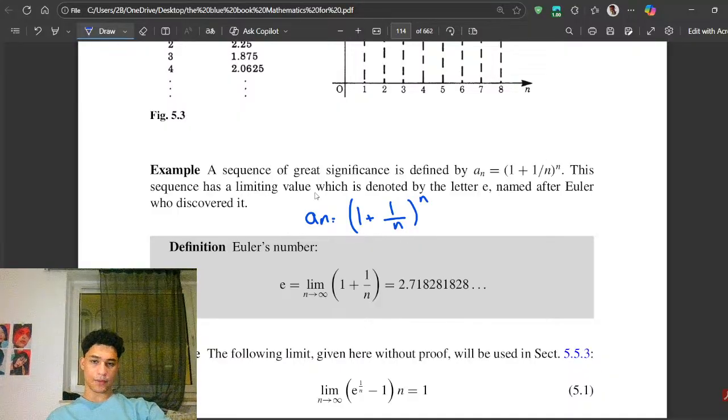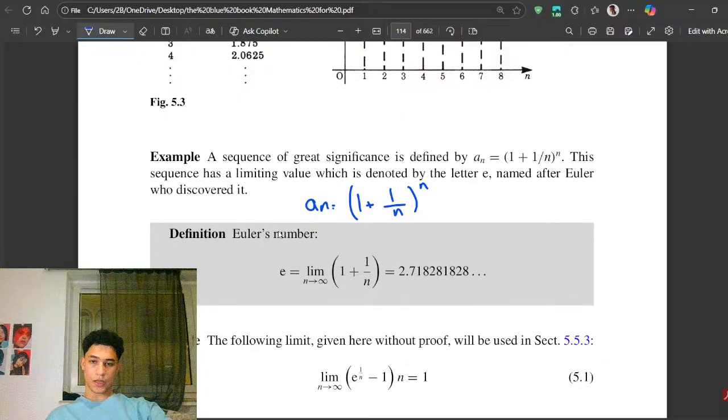This is a sequence that has a limiting value, which is denoted by the letter e, named after Euler who discovered it. The limit of this sequence is going to be e, the Euler number, and e is a non-ending number, just like pi.